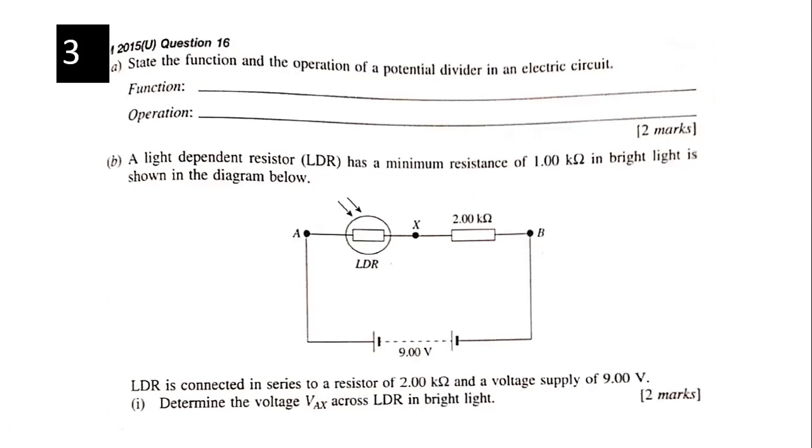State the function and operation of a potential divider in the electric circuit. Yep, that's the function. To obtain a fraction of the voltage supplied to the circuit by a given EMF source.